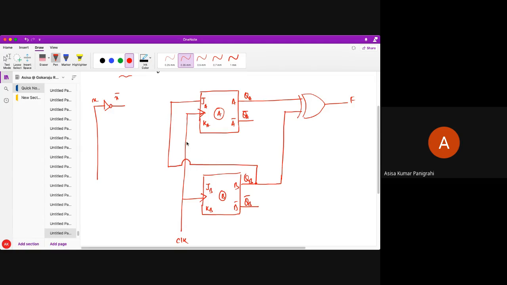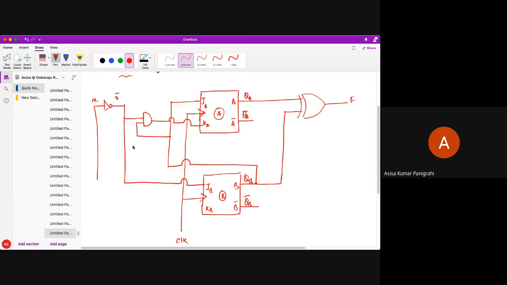So this is in the question actually, don't worry. J is QB, K is X bar and QB. Next, JB is X bar.